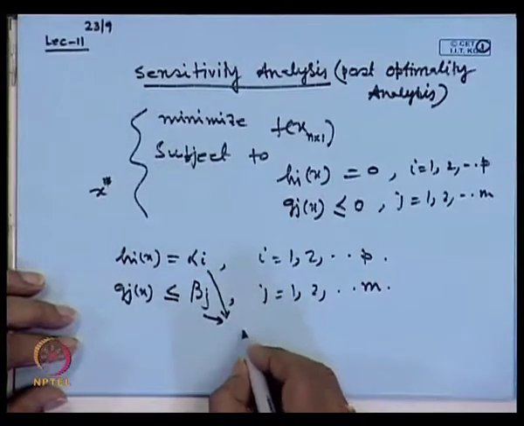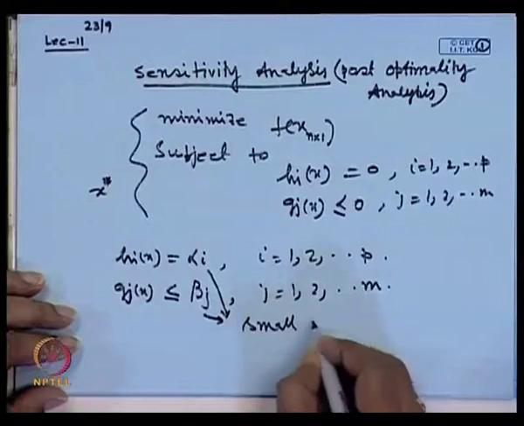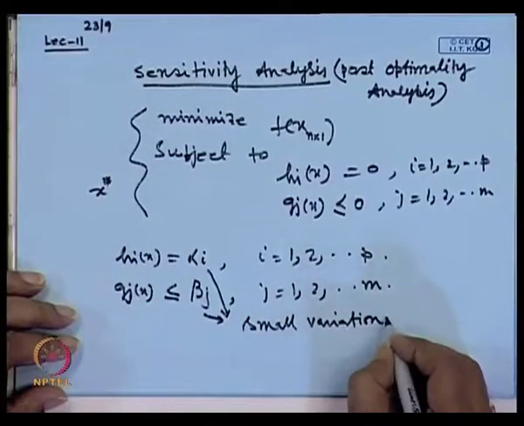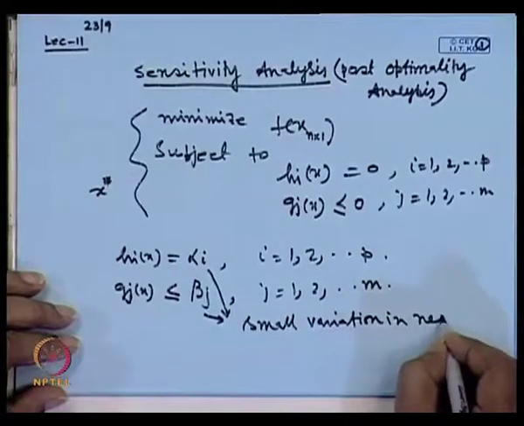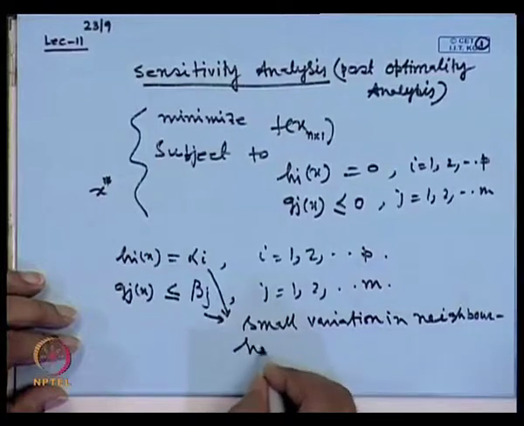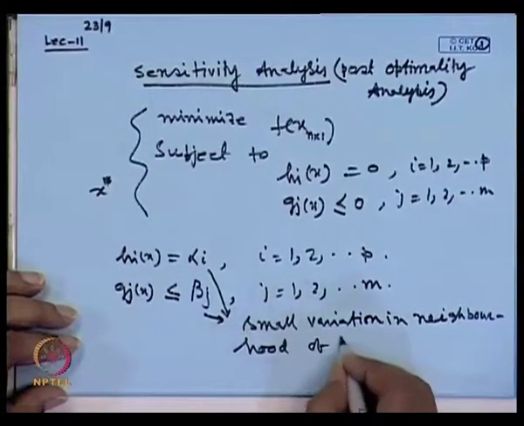That means these are small variations in the neighborhood of 0.